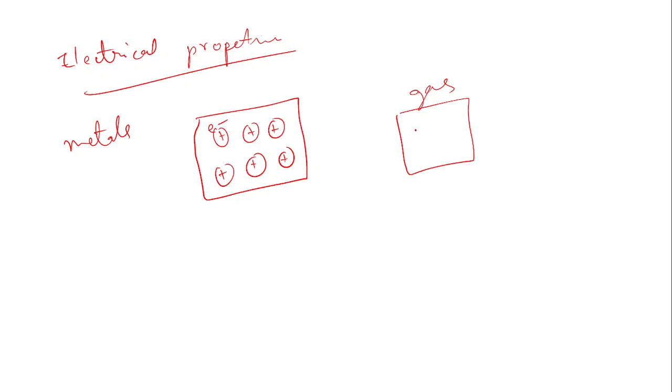So the same model used on gas was put on metals, and some formulas were derived. Some were able to satisfy what we see experimentally, but a few properties were not answered by this model. So this model we were calling the free electron gas model or Drude model.